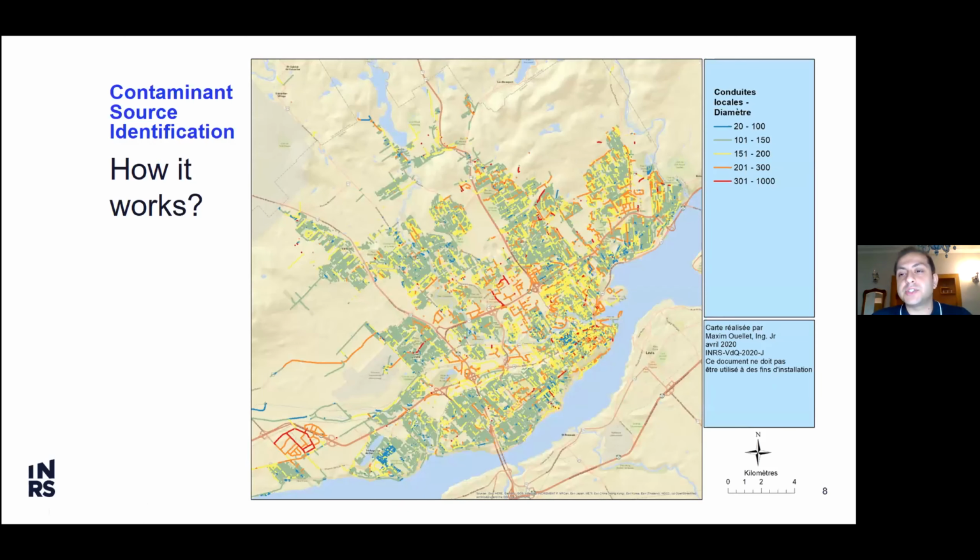After that, I would like to talk about contaminant source identification. One of the most important applications of water quality models is in contamination source identification. And what does that mean? As you can see in this figure, we have the network of Quebec. In this network, there are some quality stations which measure the water quality.